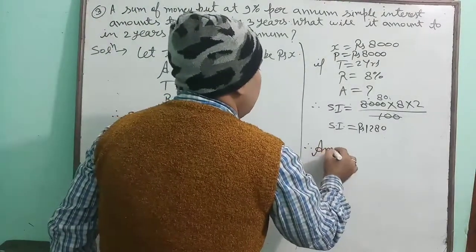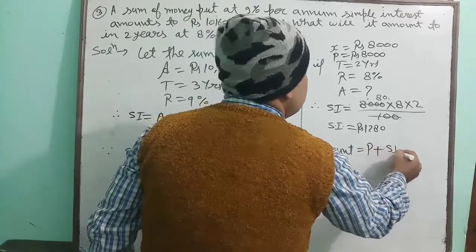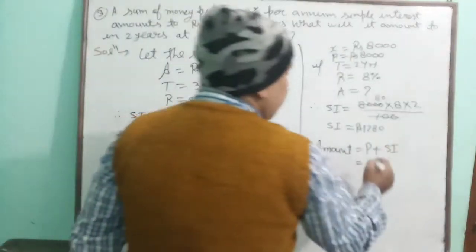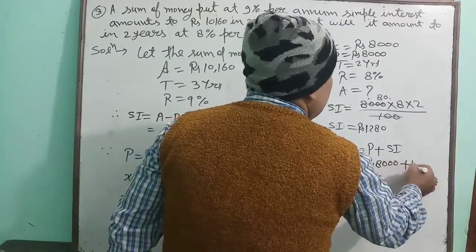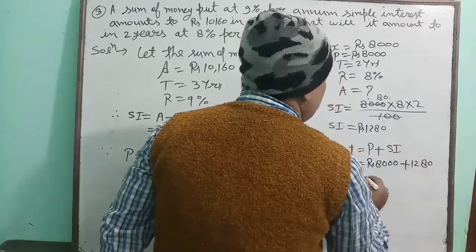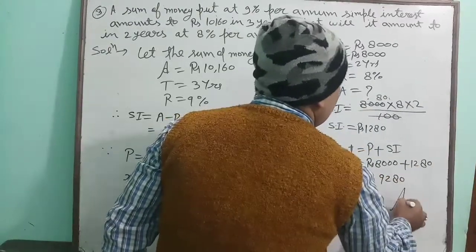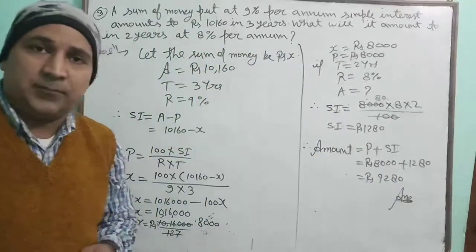Therefore, the amount will be, we know that amount is the sum of principal money and simple interest. Principal money we have got 8,000 rupees and simple interest we are getting 1,280, means 9,280 rupees is the amount, and this is our answer.